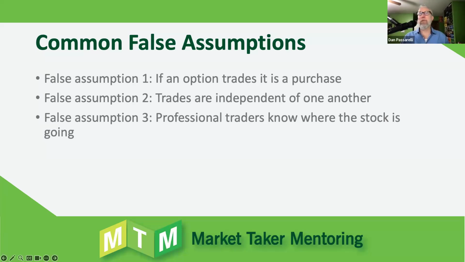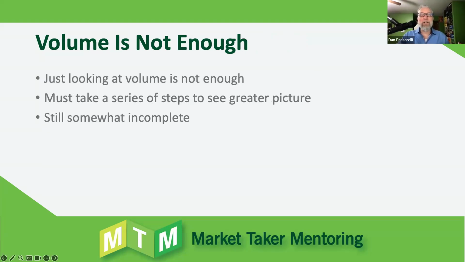They're buying puts, but they want the stock to go up because they're still long the stock. There are so many pieces to the puzzle, and that's not to say that you can't put those pieces together. You can, but volume is not enough. You cannot just look at volume.